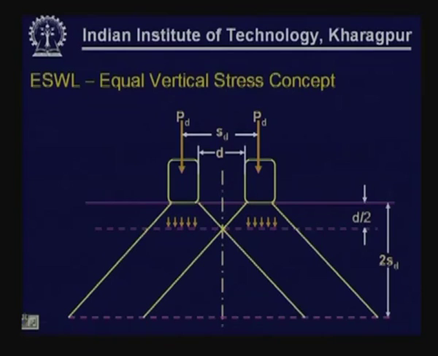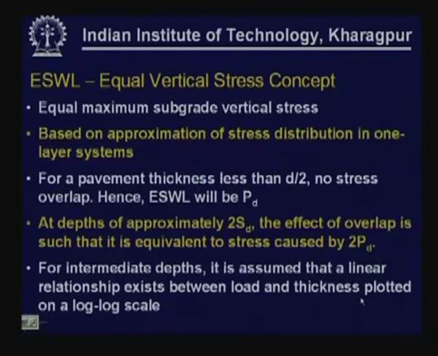Let us see how this concept can be used to compute equivalent single wheel load. We are referring to equal maximum subgrade vertical stress. If we have a two layer system, we are talking about the vertical stress on top of the subgrade.